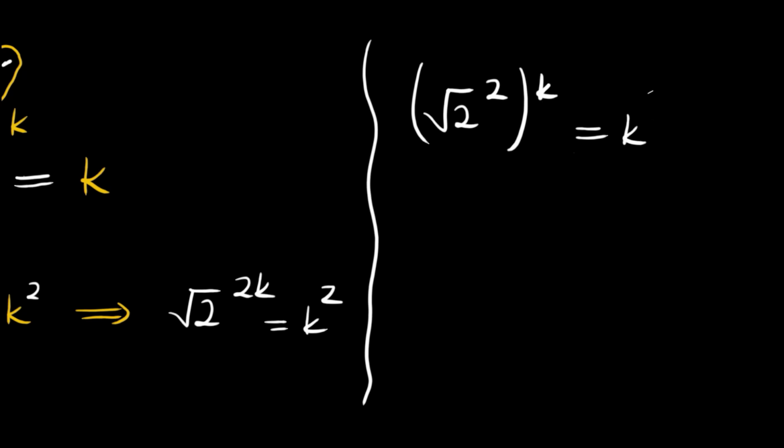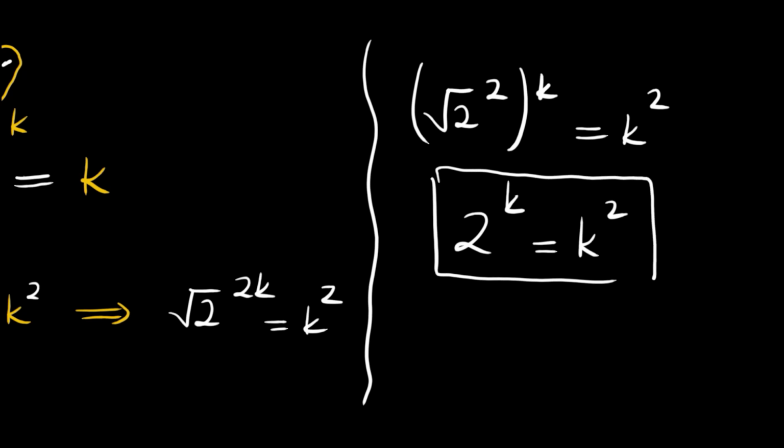This is equal to k squared. So we are left with a famous problem: 2 to the power of k is equal to k squared. It's a very famous equation, 2 to the power of x is equal to x squared. The exponential function is equal to the polynomial x squared.